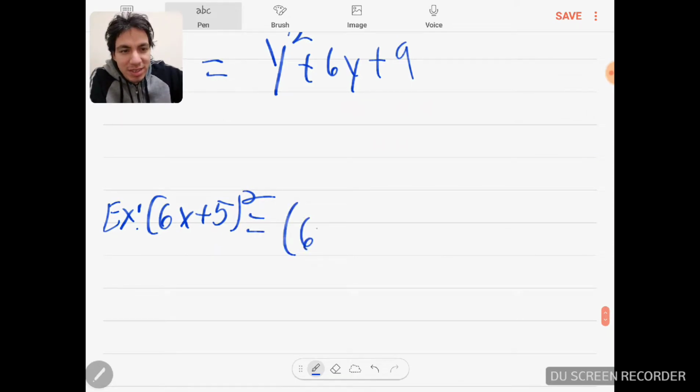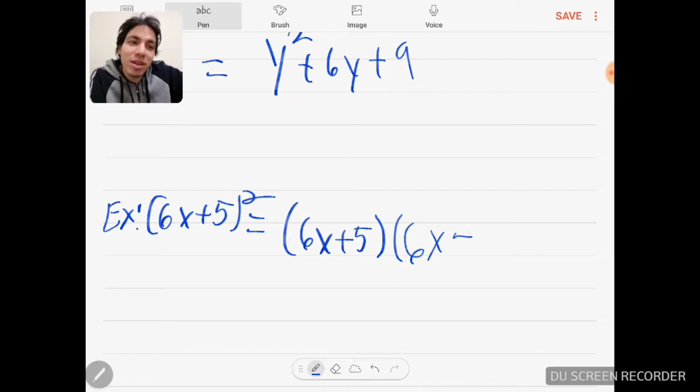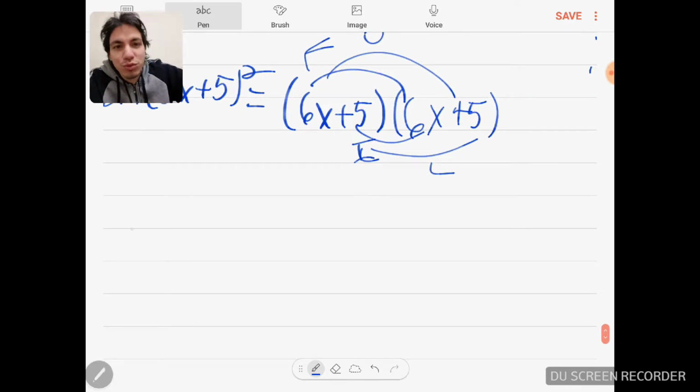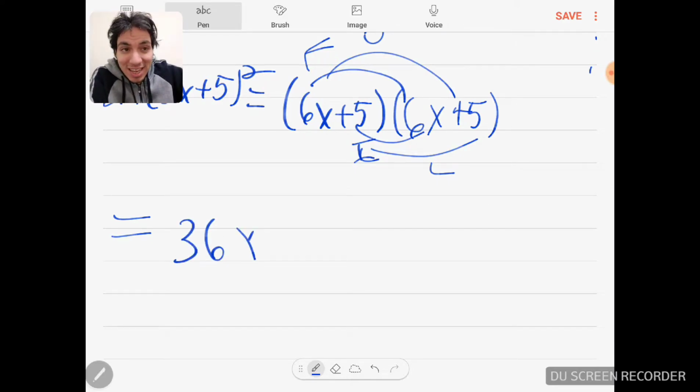We write this as 6x plus 5 getting squared, so we write the terms twice, and then we use the FOIL method, remember? FOIL. So then we're left with 6x times 6x is 36x squared.